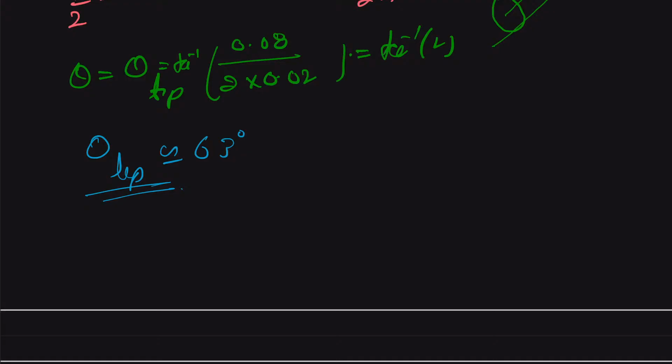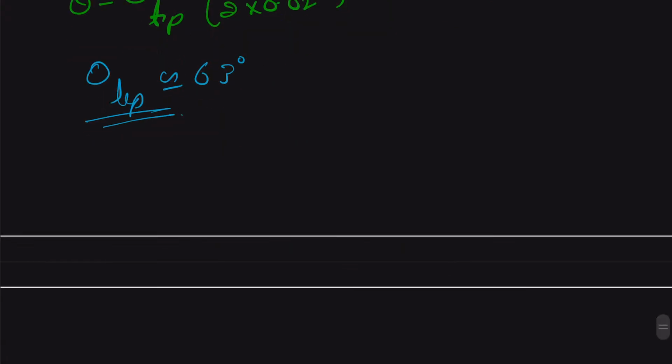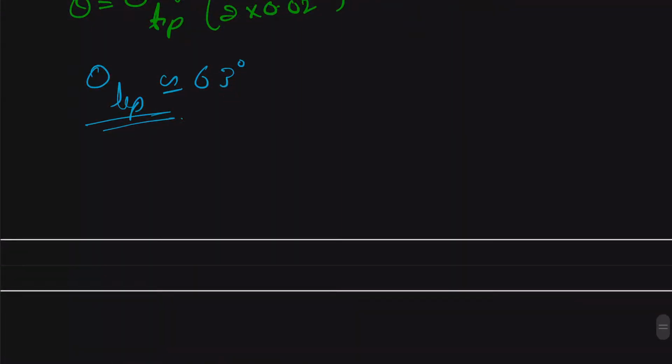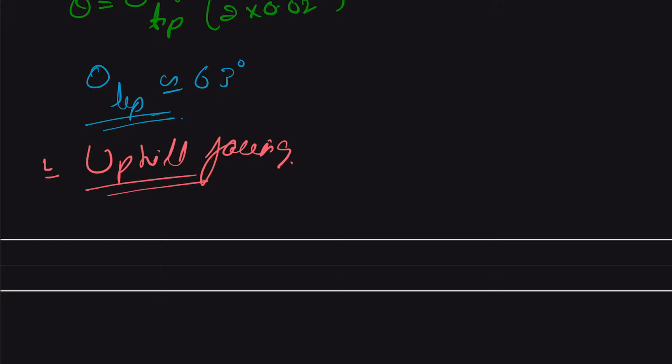And this was our downhill facing, and if it is facing uphill, for uphill facing also the front normal will be equal to 0.